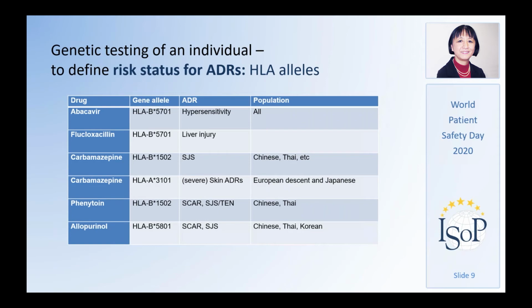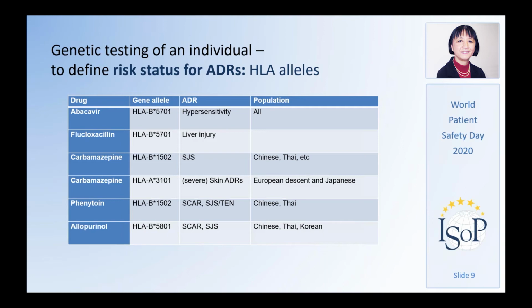A few words on the genetic testing of the individual to define the risk status for ADRs. Here we need a specific drug, a specific gene allele, a specific ADR, adverse drug reaction, and we want to know in which population as well.